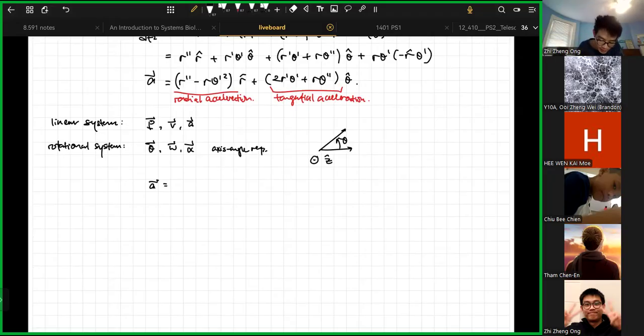But rewrite this, it's going to be r double prime minus r omega squared. If I drop the vector, I mean only the magnitude, that means I only talk about the magnitude of omega here. Make more space.